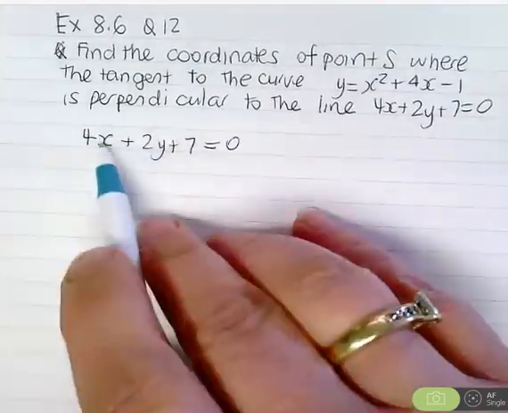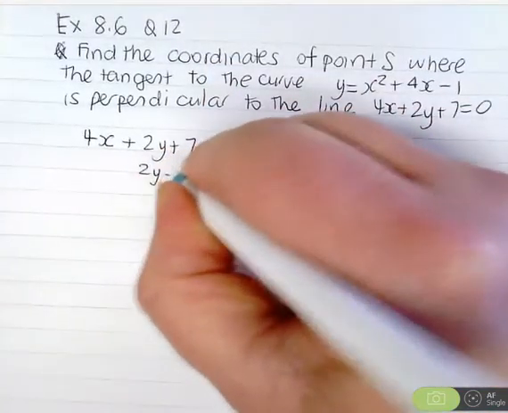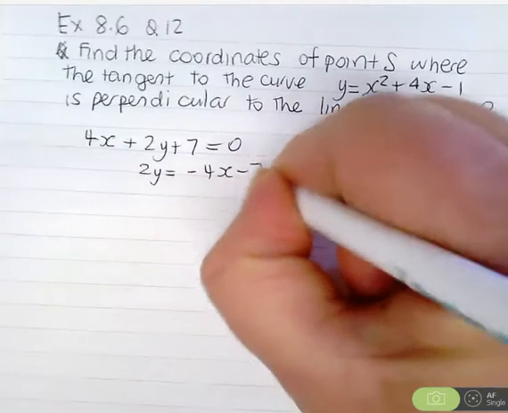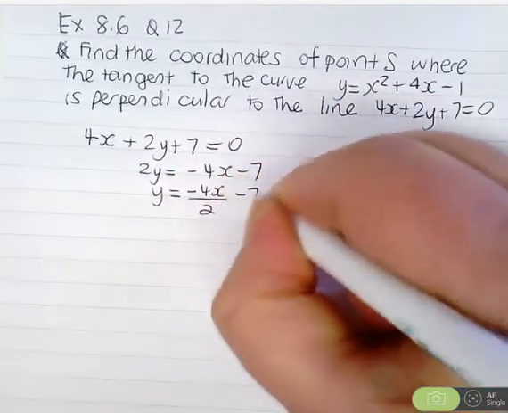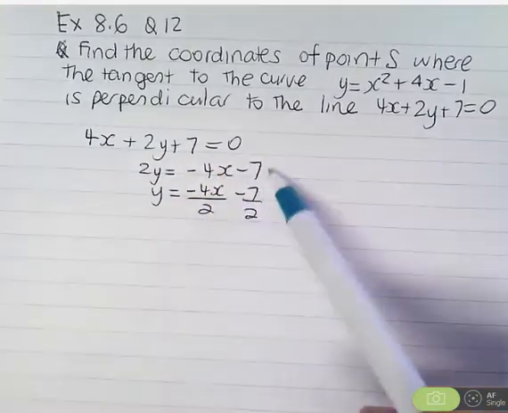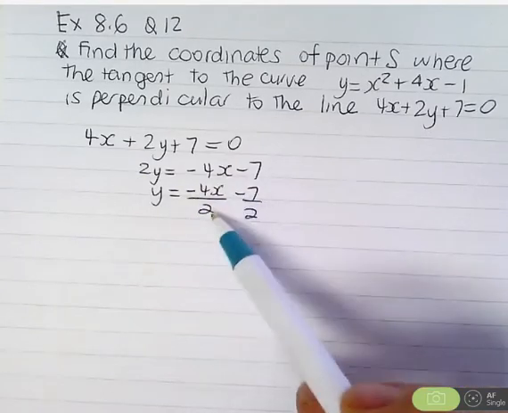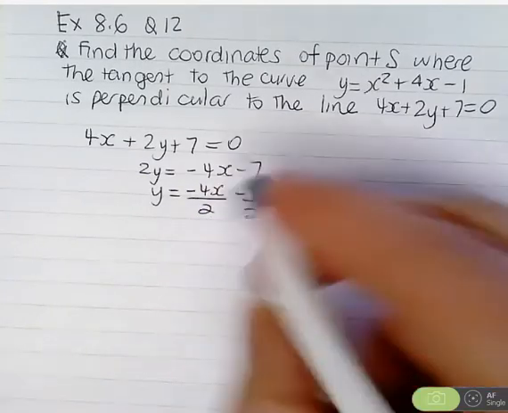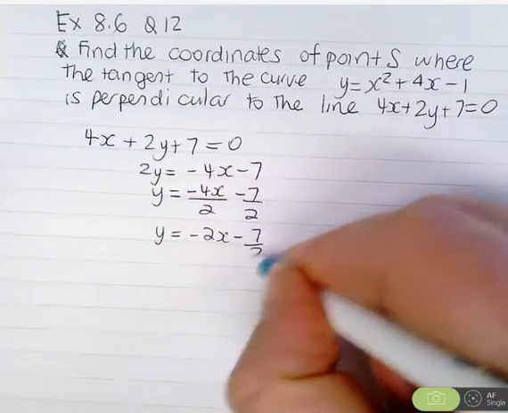So let's look at this. We've got the straight line 4x plus 2y plus 7 equals 0. We're going to put that into y equals mx plus b format so that you can work out what the gradient of this line is. So we've got that 2y is minus 4x minus 7, dividing through everything by 2. We get y is negative 4x over 2 minus 7 over 2, which is y equals negative 2x minus 7 over 2.